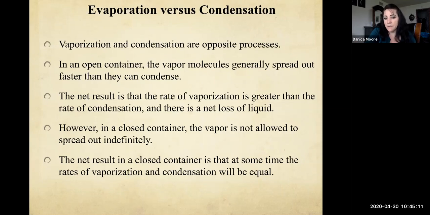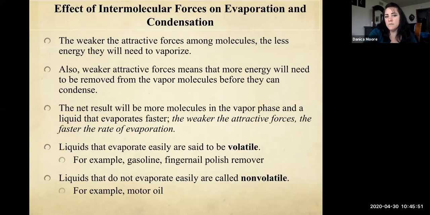But in a closed container, that vaporization can only continue up to a certain point, and then condensation or collisions between the container and the liquid will start to reduce the amount of vapor, right? And so what you get is this steady state where it looks like there's no vapor being formed and no condensation happening, but they're actually just happening at equal rates. Are you picking up what I'm laying down?